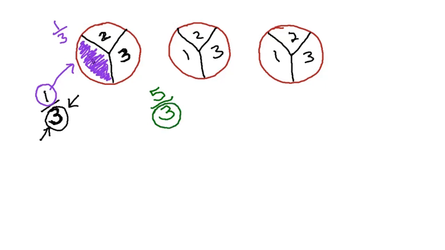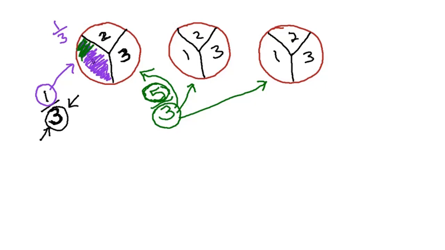This bottom number is still just the number 3. So we still just want to divide each pizza into 3 even pieces, just like we already did here. And then this number 5, that's how many pieces, not pizzas, but that's how many pieces we're going to color in. 5 pieces.